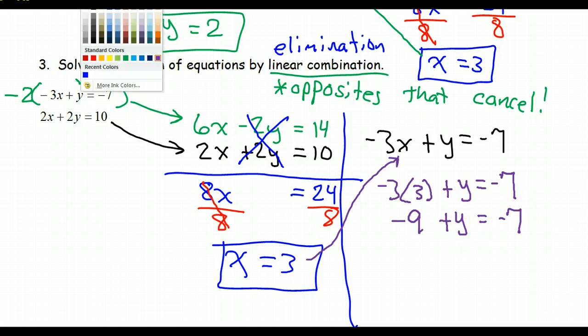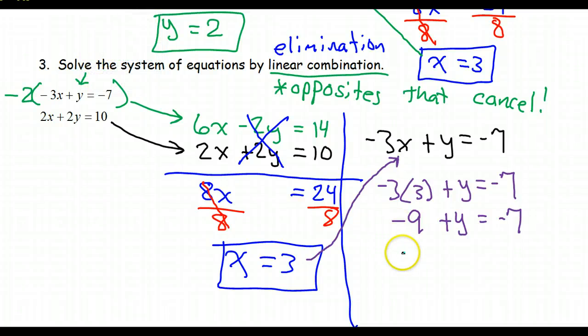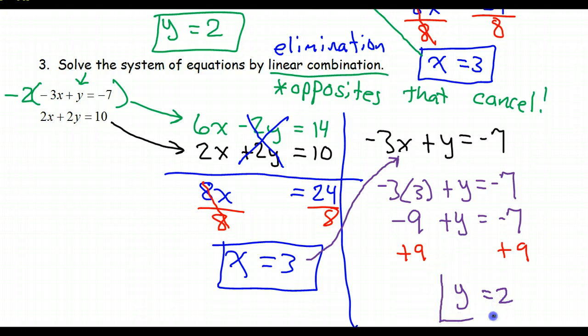So it is time to add 9 to both sides to get y by itself. And that's going to leave me with y equals 2. So once again, I have x equals 3, y equals 2, which as an ordered pair would be 3, 2.